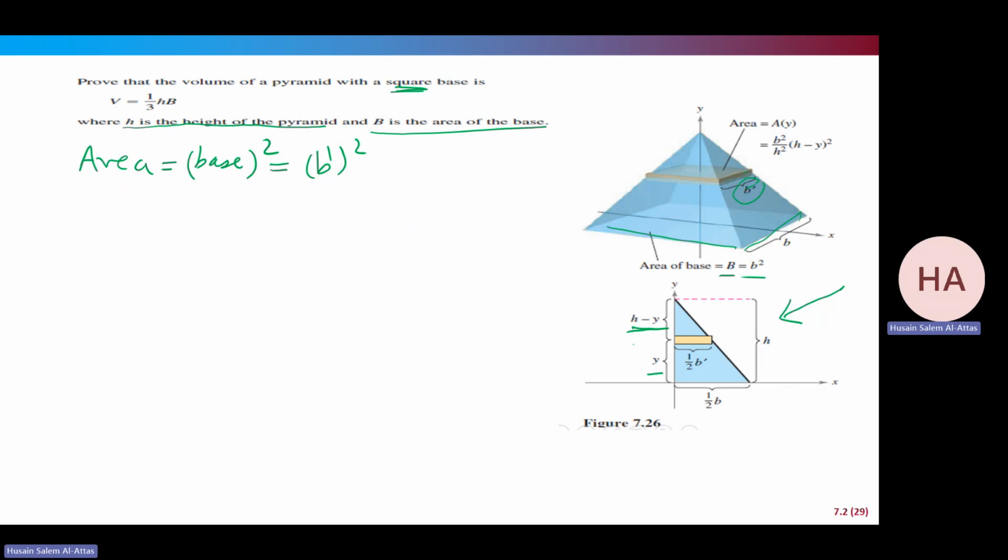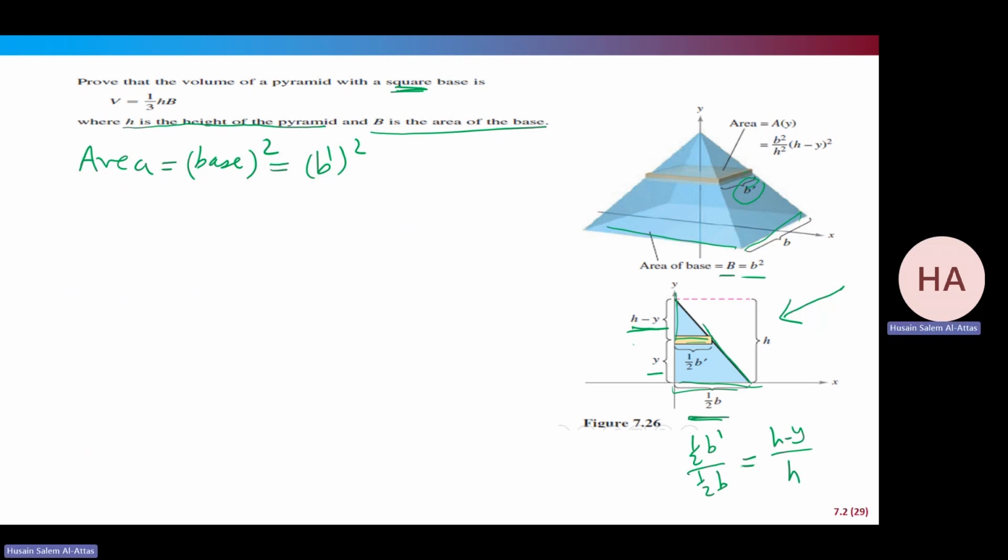I'll use this to find b prime, using triangles. Using the triangles, you have half b prime over half b equals this over this. This is the bigger triangle, this is the small triangle, equal to h minus y over h.